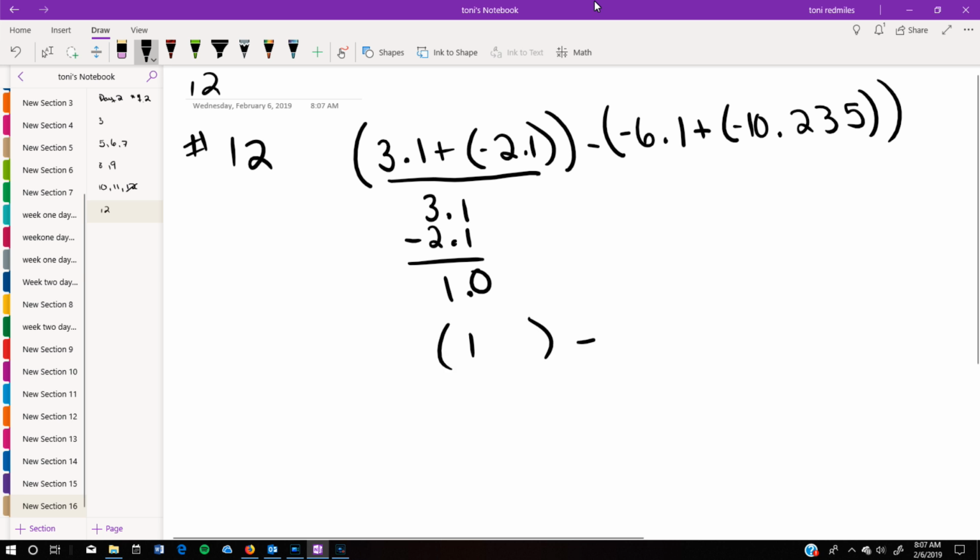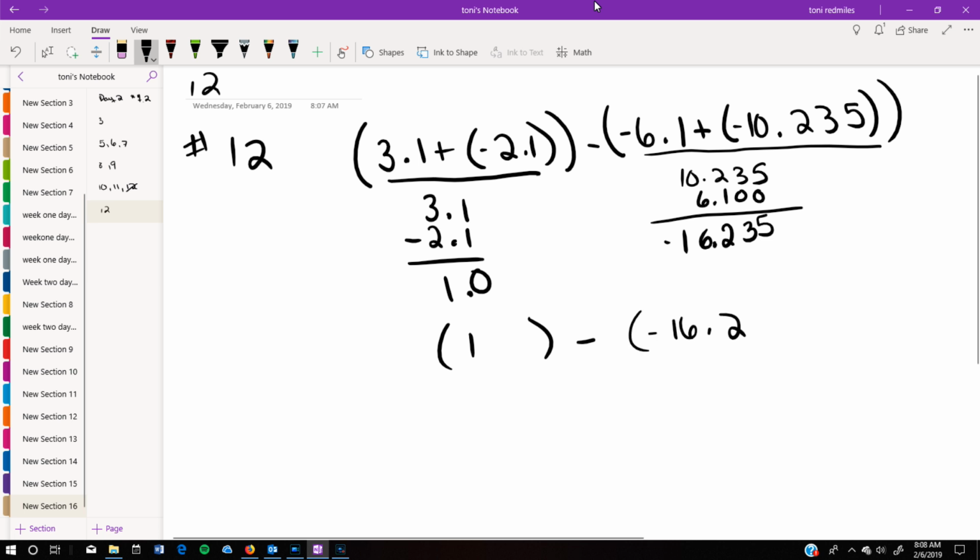Now I got to do what's inside this parenthesis. They're both negative numbers, which means I'm going to add them. I just like to put my bigger number on top. It doesn't really matter. So I add them, and because they're both negative, the answer is going to be negative. Okay, so for this parenthesis, I have this answer.